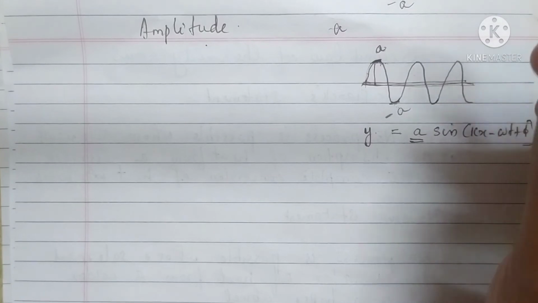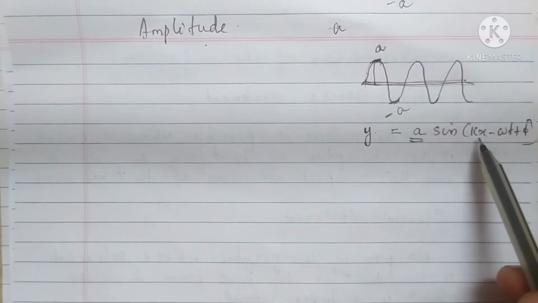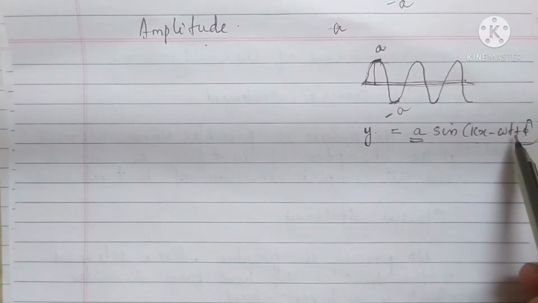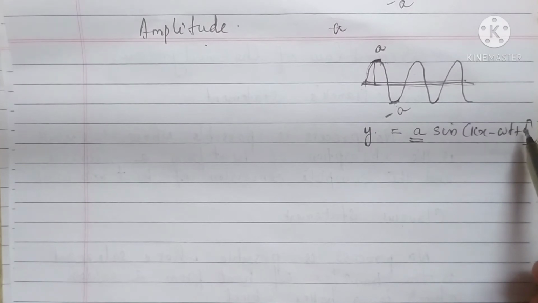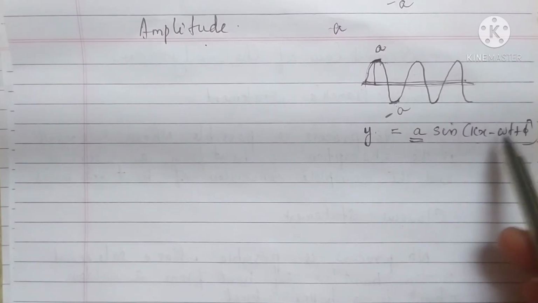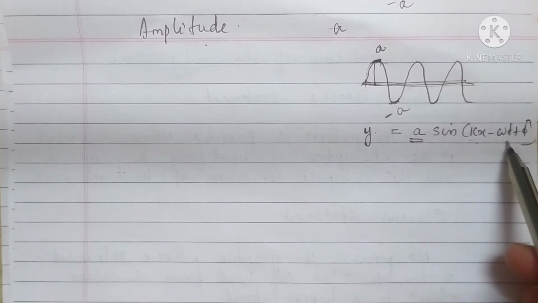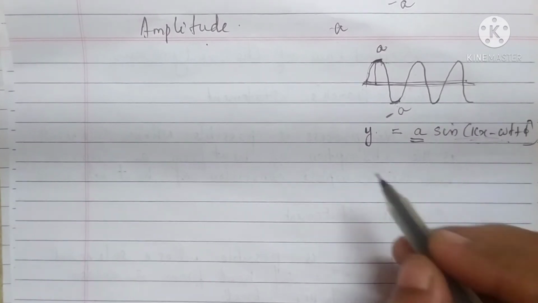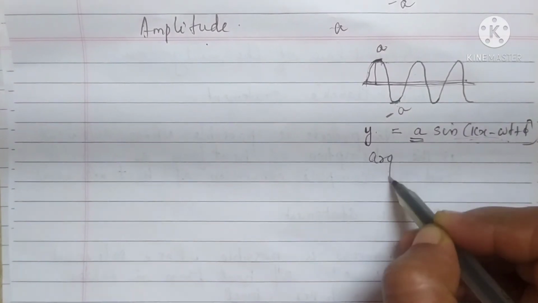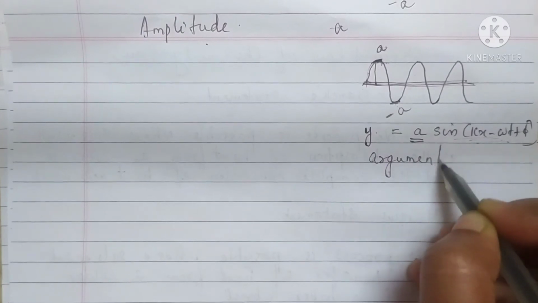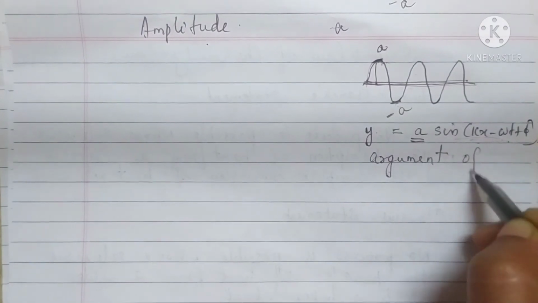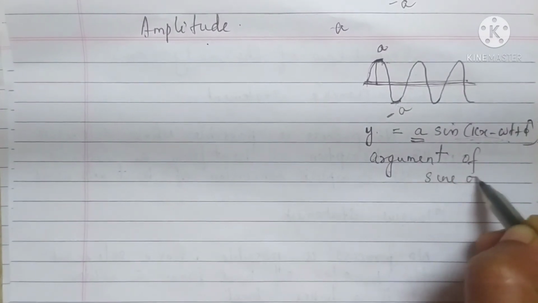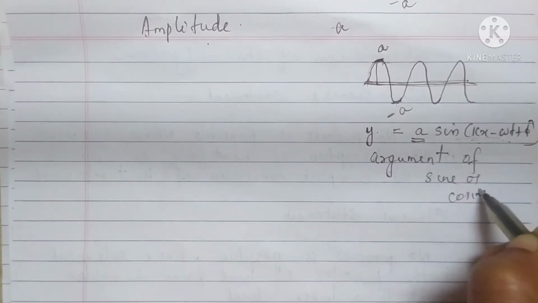Understood? Now, as I told, this value, that is kx minus omega t plus phi, is called the phase of the wave. How will you define phase? Phase means you can denote it as the argument of, you have studied in maths, argument of sine or cosine function.